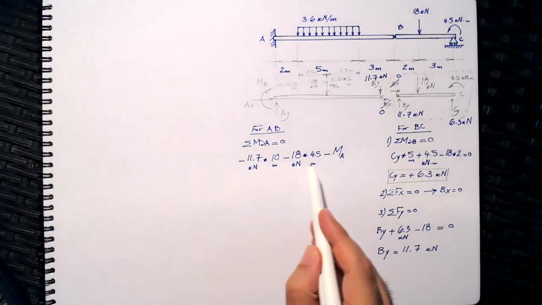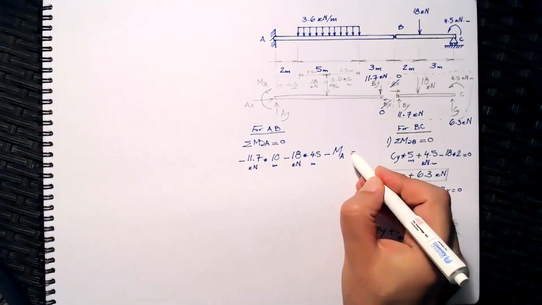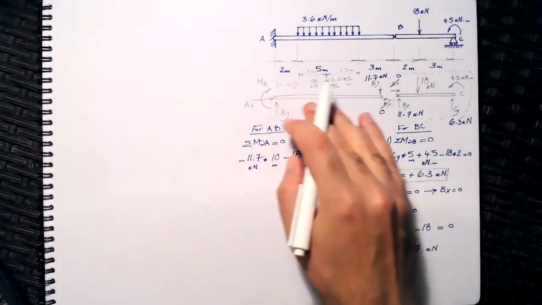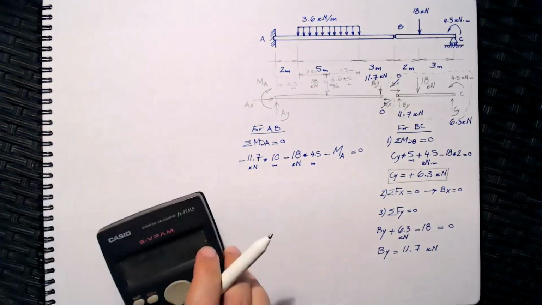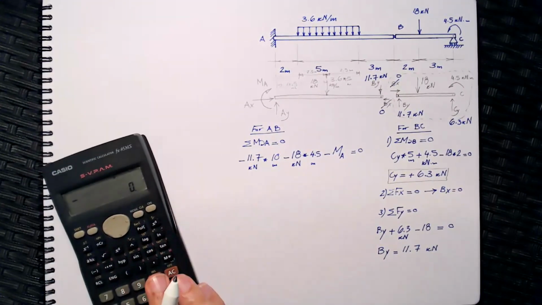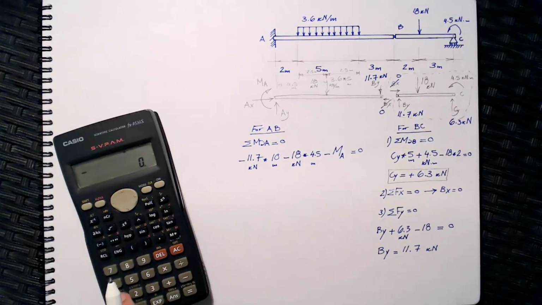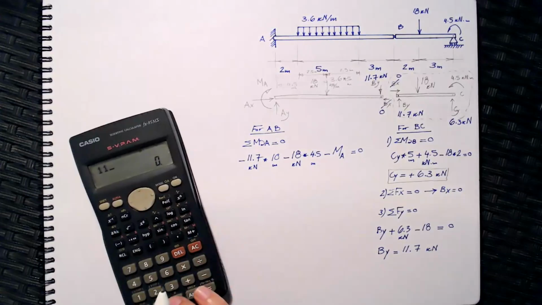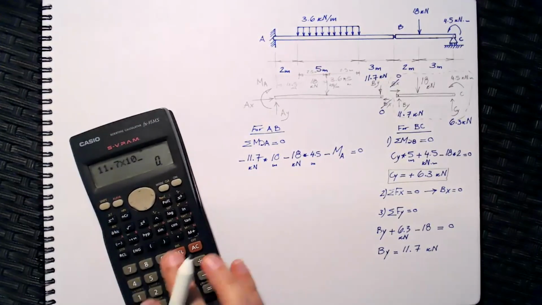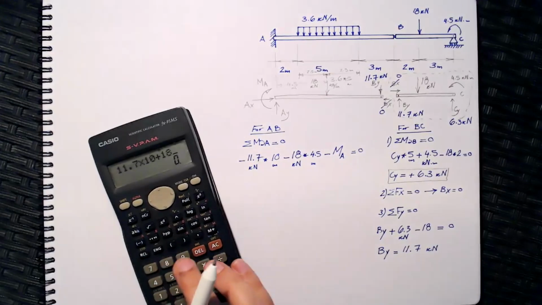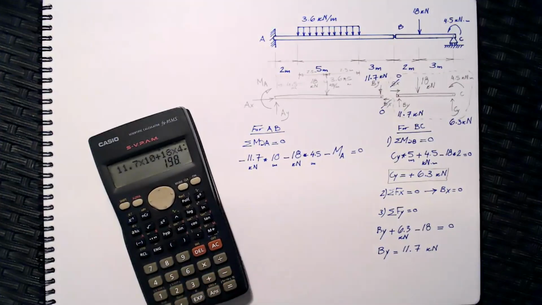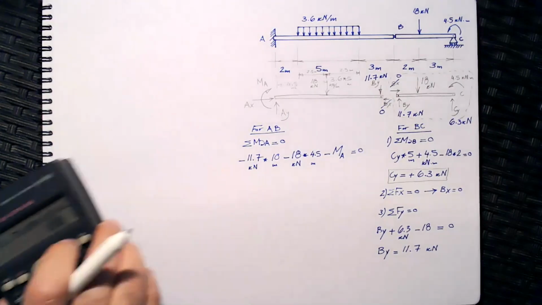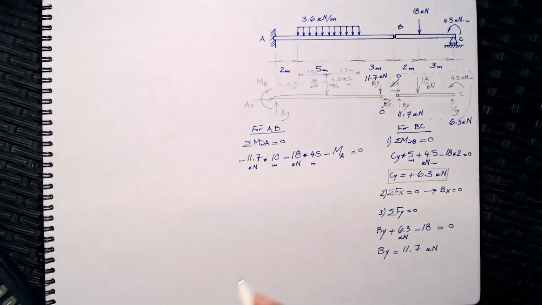So what happens when I add up all these moments? The answer has to equal 0 because the left-hand side of the pin is in equilibrium. I will quickly crunch the numbers. I will realize that 11.7 times 10, and when you add to it 18 times 4.5, this will equal 198, and it's in the negative sign.